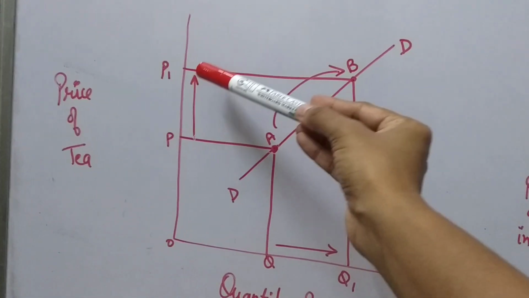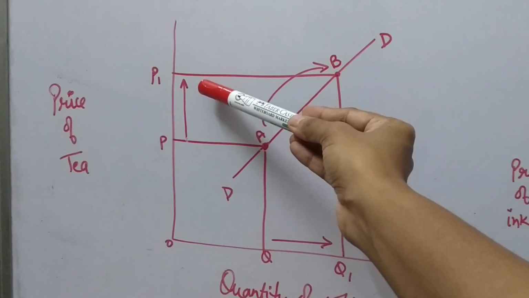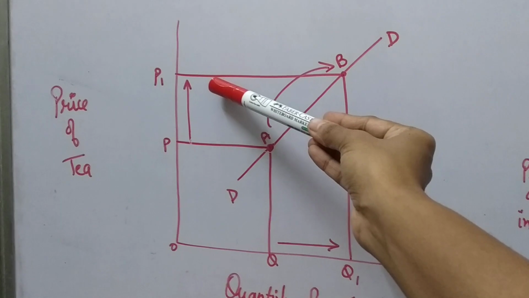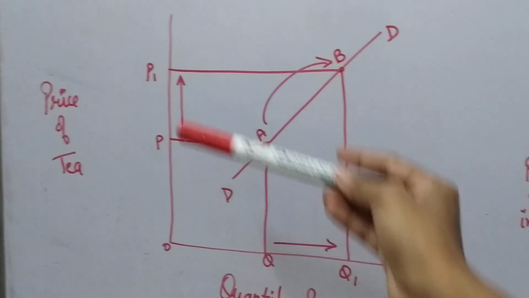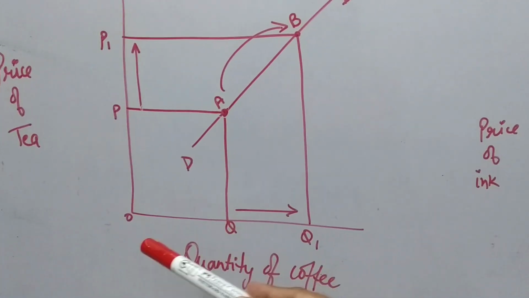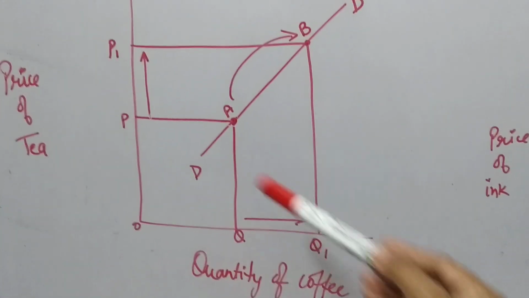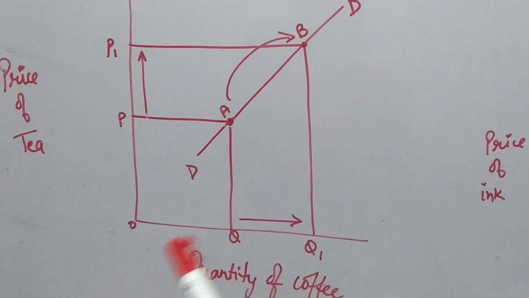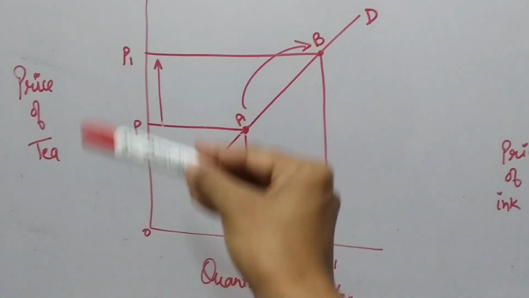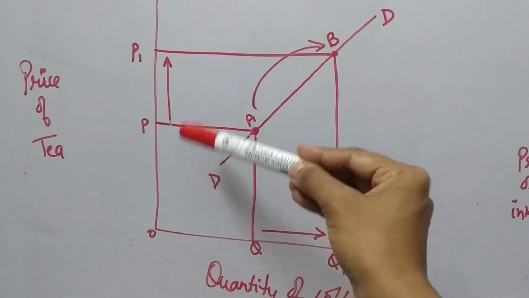When the price of tea increases from OP to OP1, if price of tea increases, so obviously, what is the definition of demand? When price increases, demand decreases. So obviously the consumer will decrease the demand of tea, and now he will increase the consumption of coffee from OQ to OQ1, because tea is costly as compared to coffee. There is no change in the price of coffee, only the price of tea increases from OP to OP1.